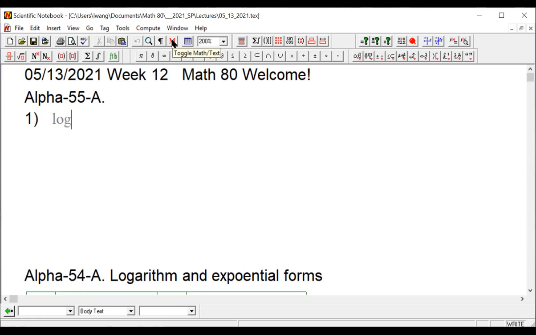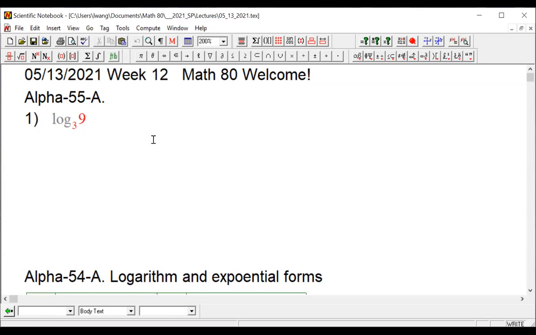The first one asks us to give the value of log base 3 of 9. So this is asking us, what number power of 3 is going to give us 9? What will be the answer? Marcelo, can you tell me the answer?